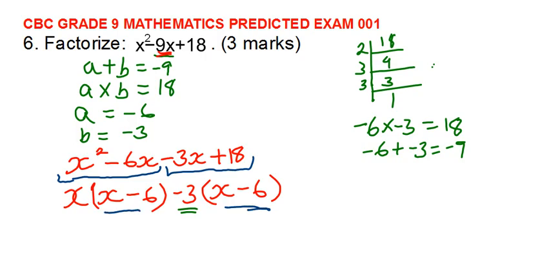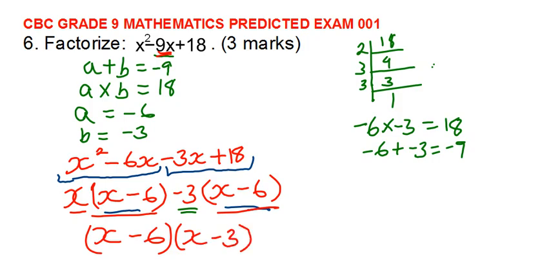Now x minus 6 is common in both, and when you factor it out, you will be left with x minus 3. Those are the factors.